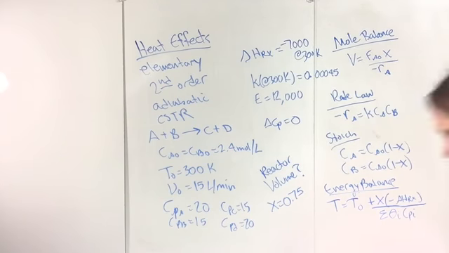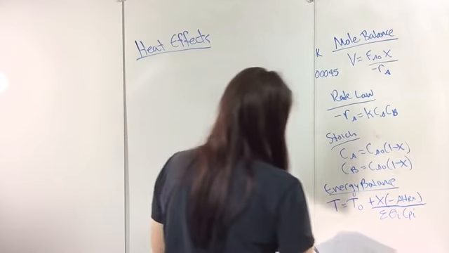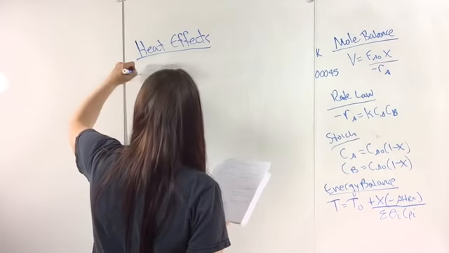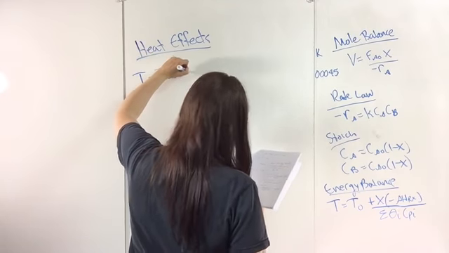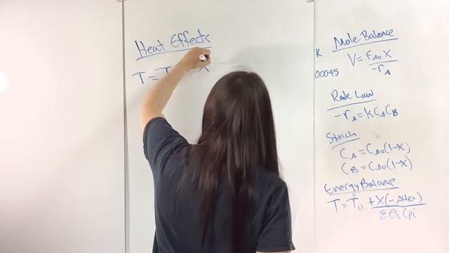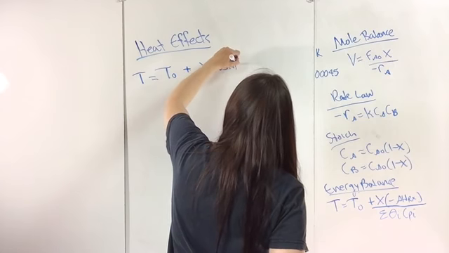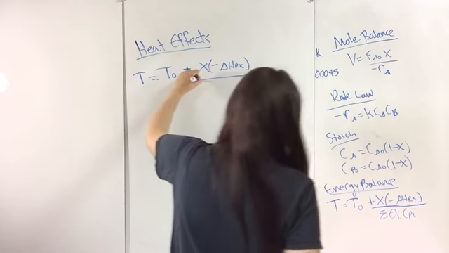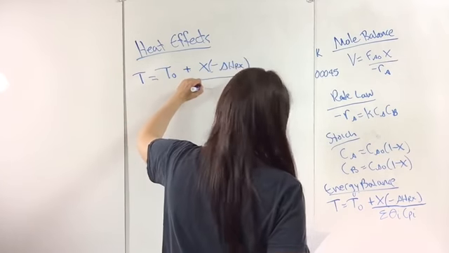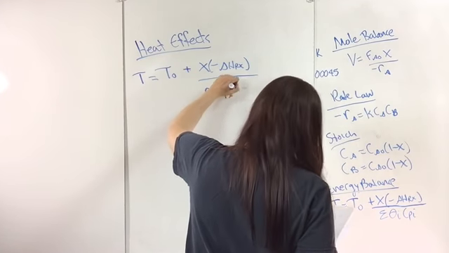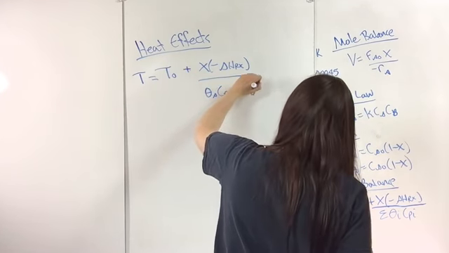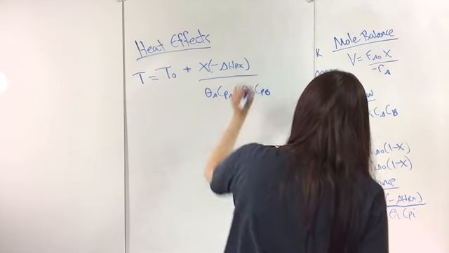I'm going to erase some stuff real quick. We can expand the energy balance. So T is equal to T naught plus X multiplied by the heat of reaction over theta A CPA plus theta B CPB.